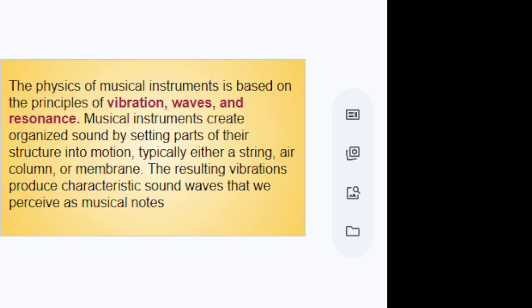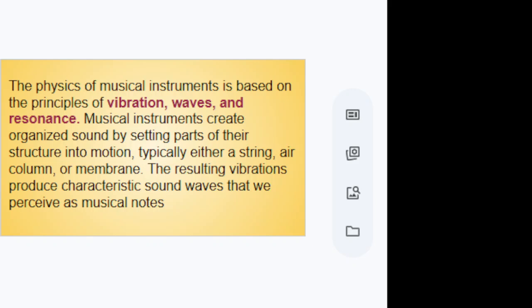The physics of these instruments is based on the principles of vibration, waves and resonance. They create a sound, and there are different types of instruments, such as stringed instruments, plucked instruments, and many other things. When you strike a chord on these, they will resonate with an air column, resulting in vibrations.